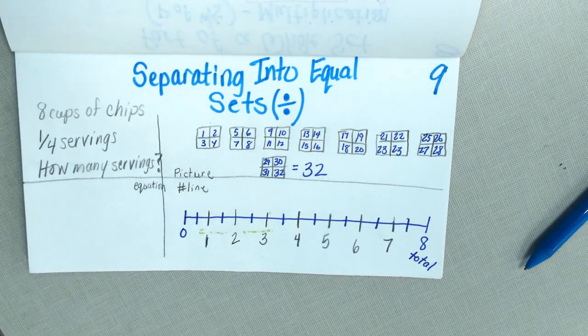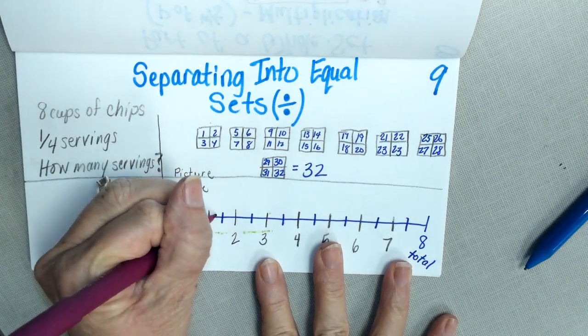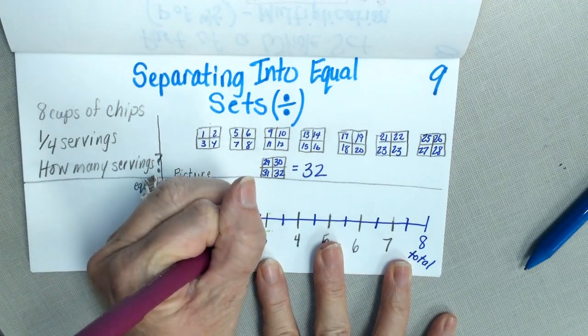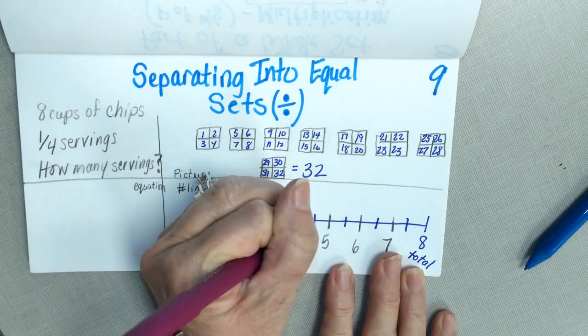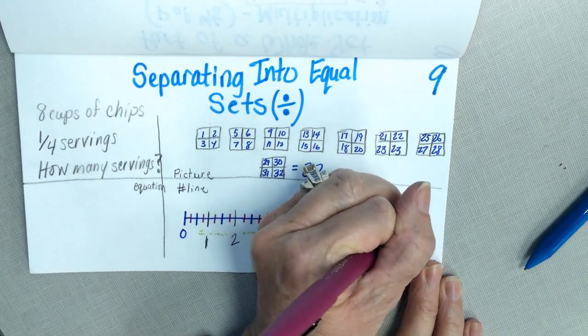That was fast, right? And then I could cut each one of those marks in half, because we want 4 equal pieces between each whole.